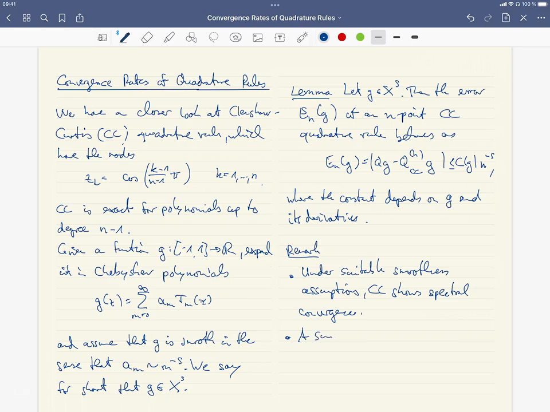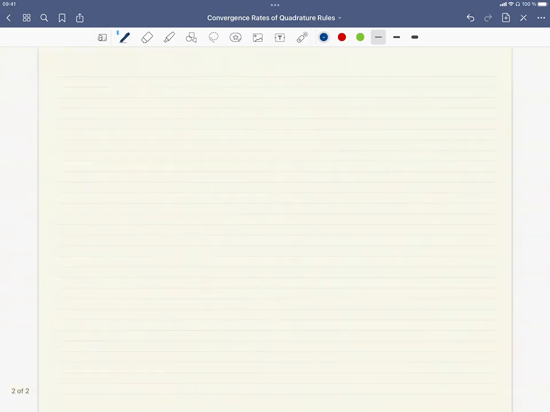I'm not going to prove this to you, but it's in the original paper. It's true for Gauss quadrature, which also shows spectral convergence. All right, so not every quadrature rule has spectral convergence, but two famous ones do, and they are building blocks of other quadrature rules. Remember the sparse grids that we constructed based on Clenshaw-Curtis.